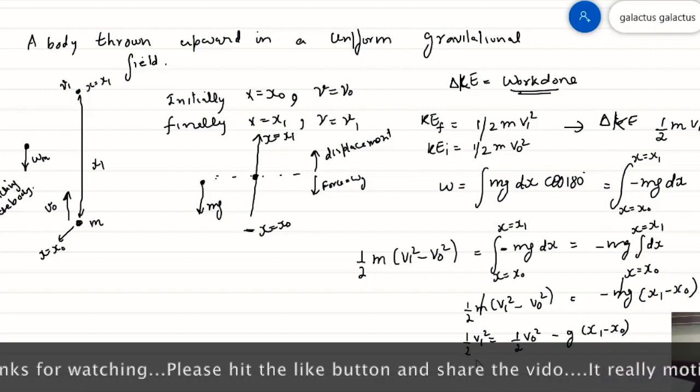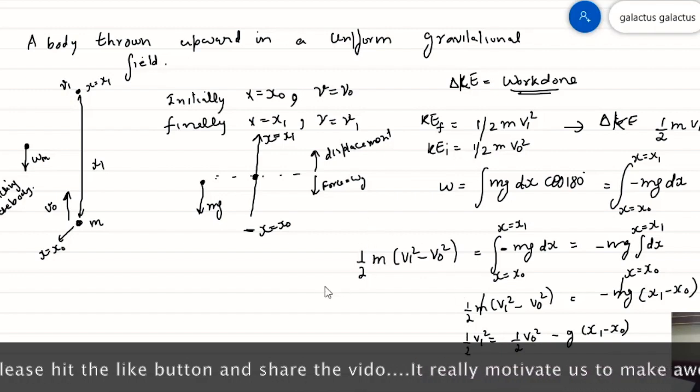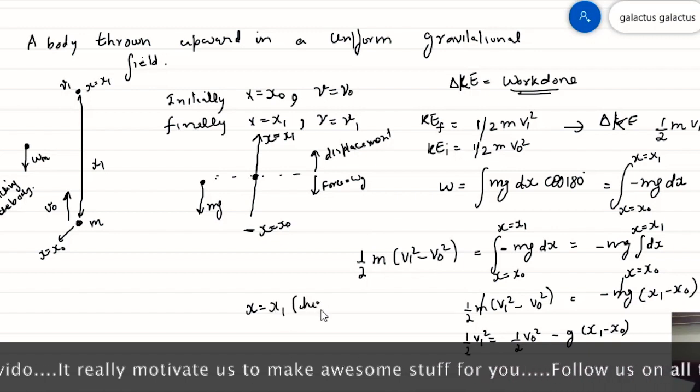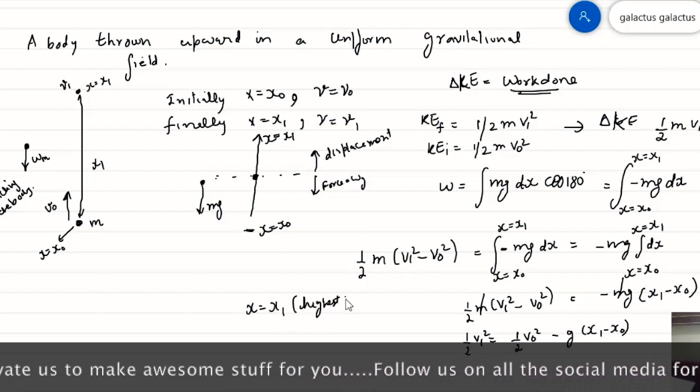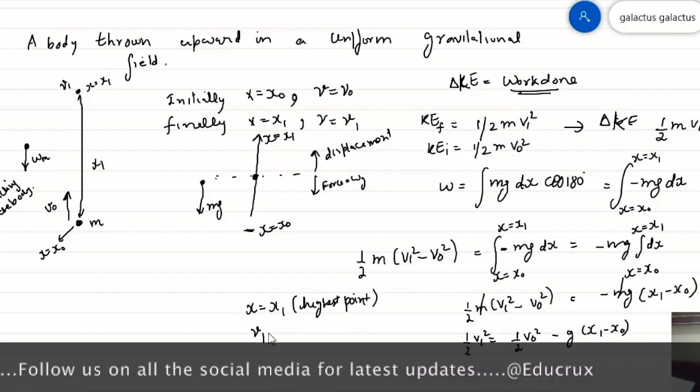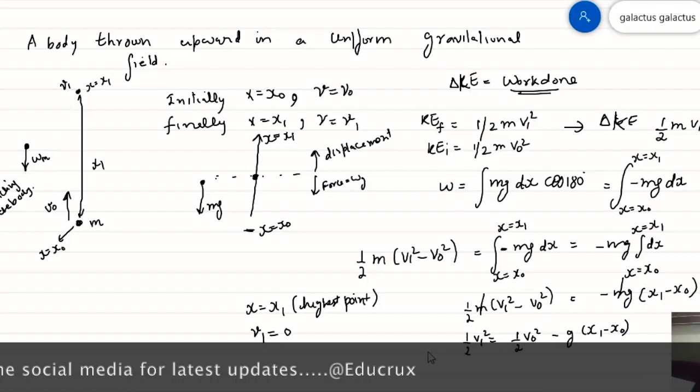Suppose that our body reaches the highest point, that is x is equal to x1 is the highest point. At that point our velocity v1 will be equal to 0, and after that the body will move downward. So let us put v1 is equal to 0 here.